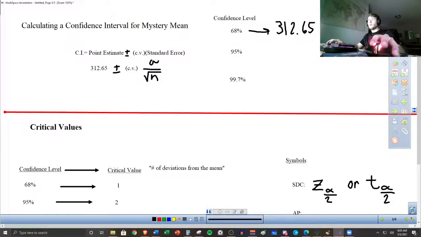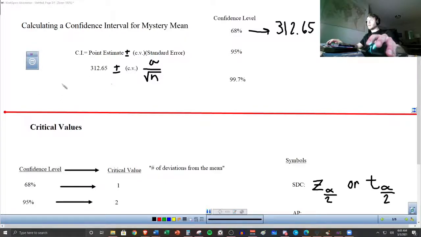Well, that would be 1. And then what is our standard error going to be? It's going to be the same for all of these. We need sigma over square root n. Sigma over square root n, that's 20 over square root of 16.